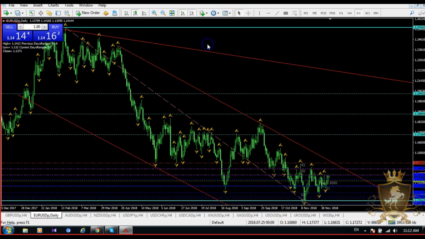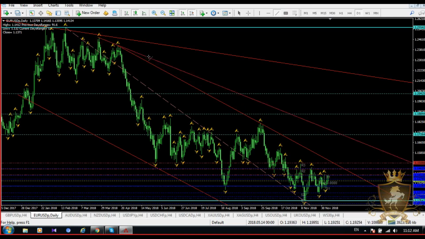Don't think they're the same. You should pay a lot of attention to whether your peaks are in the same direction, like this one and this one. So if I want to draw a trend line, I do it from here because this is higher than this one.